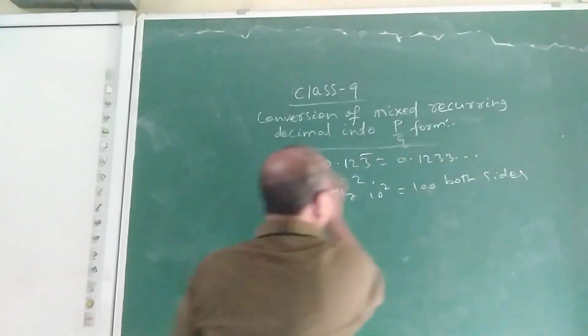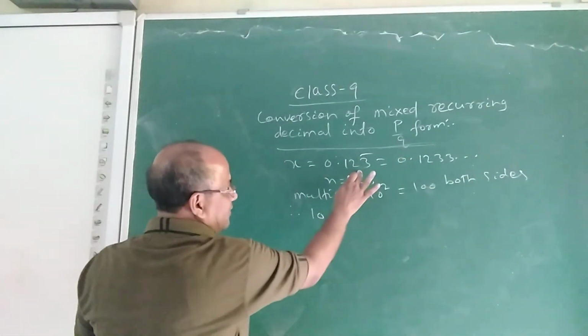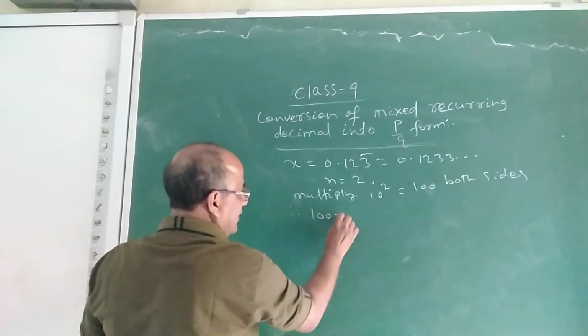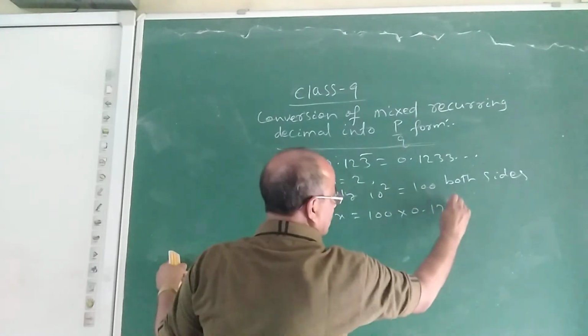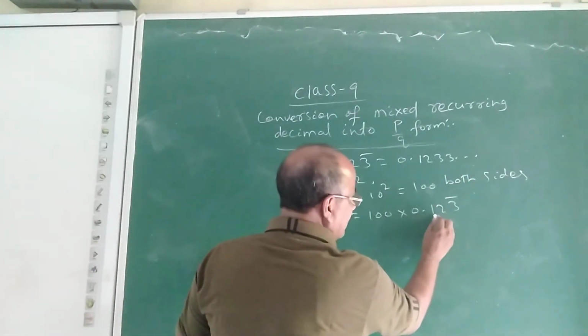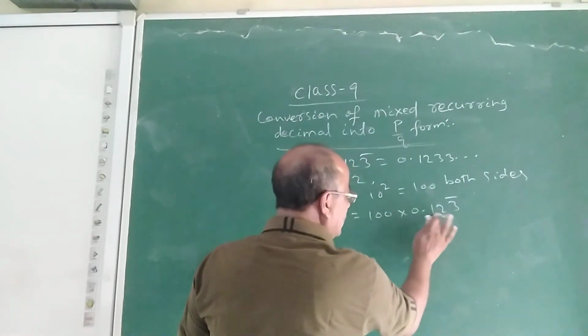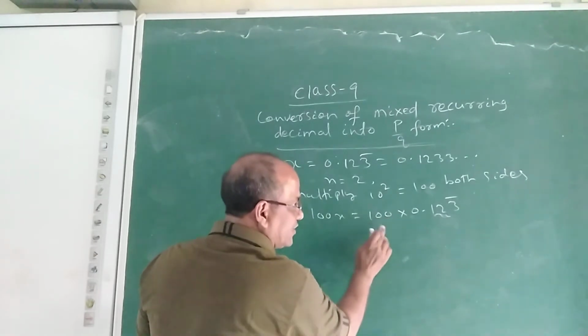So if you multiply, what will happen? Multiply 100 to the left side and 100 to the right side. So 100x will be equal to 100 into 0.123 bar. If you multiply 100 to this number, both the digits, 1 and 2, will be shifted towards the left because there are 2 zeros in 100.